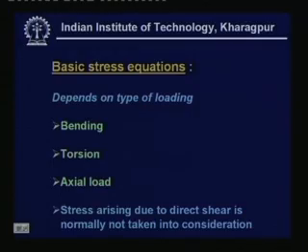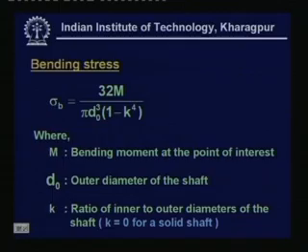Due to the torsion, we can have another equation of shear stress, and for the axial load we can write a similar equation of stress which will be normal type. If we look into each step, the first one is the bending stress. Now, what does this bending stress come out to be?